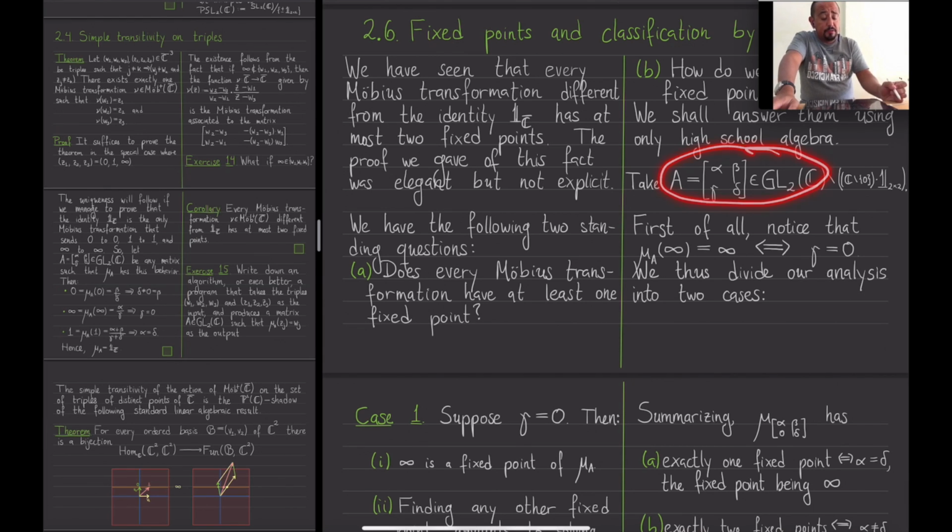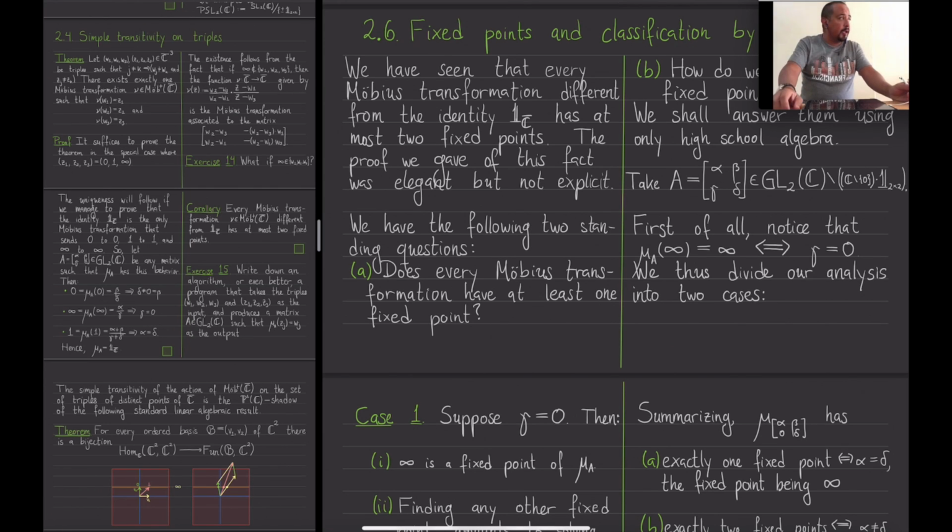Take a 2 by 2 matrix for which you know that the Mobius transformation is not the identity, right? So the matrix is not a multiple of the identity matrix. Okay, and then notice if gamma is 0, then this one fixes infinity, right? And then infinity is kind of a special point from the arithmetic point of view.